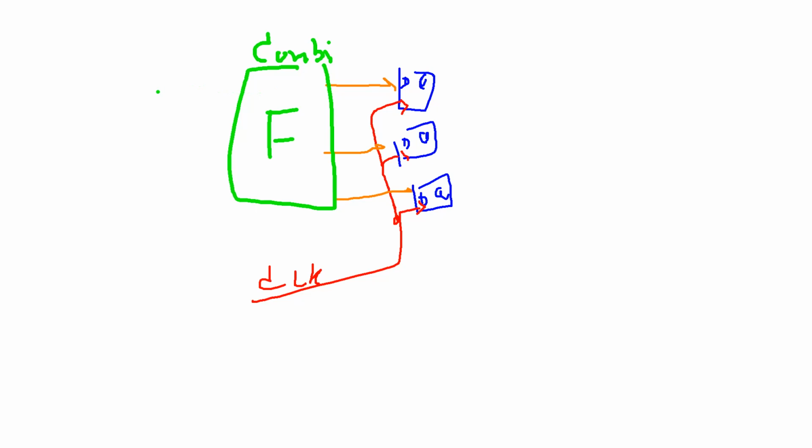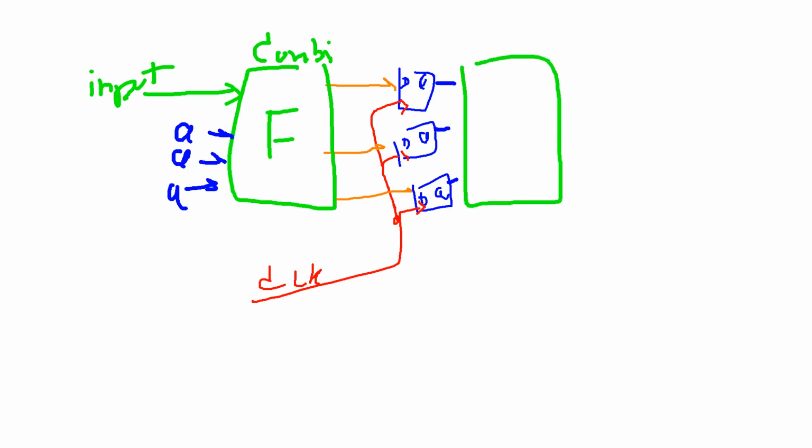Combinational circuit F reads data from external input and from the flip-flops, maybe Q1, Q2, Q3. The output of the flip-flops may be changed to the final output by using circuit G, which is also a combinational circuit.